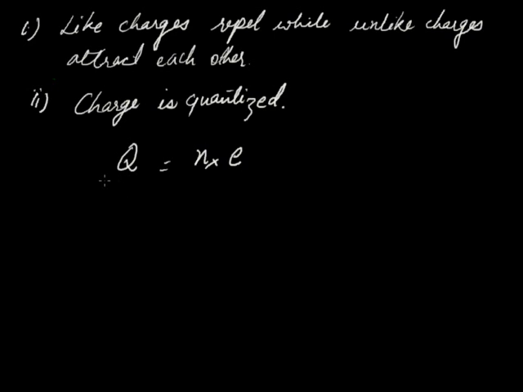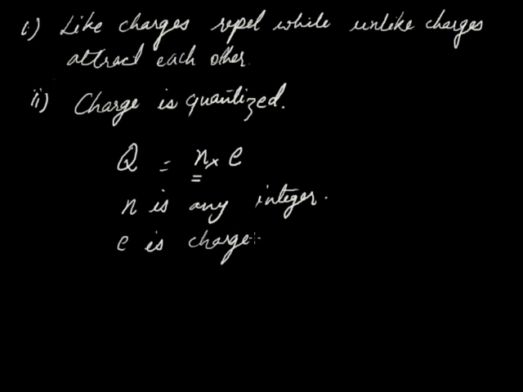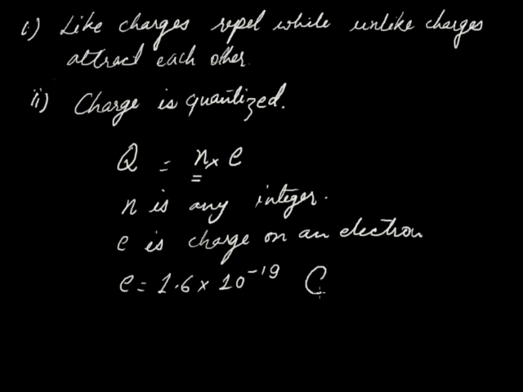Every charge in nature exists as an integral multiple of the electronic charge, q = ne, where n is any integer, while e is the charge on an electron, and the value of e is 1.6 times 10 to the power minus 19, in the SI unit of charge, which is known as coulomb. q is the net charge on any macro body.